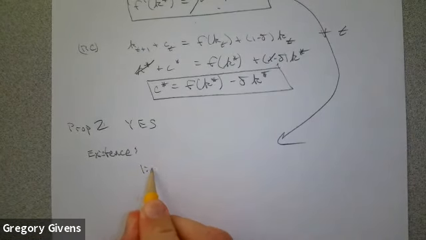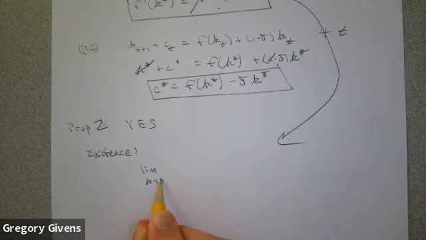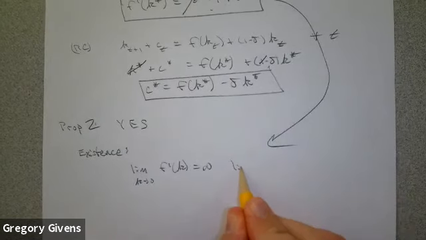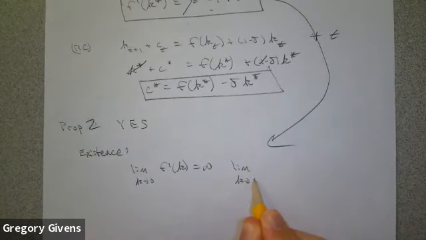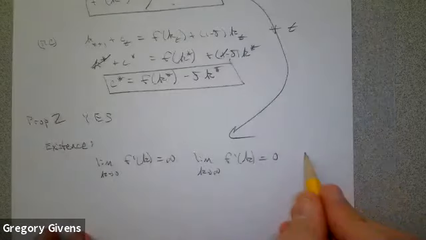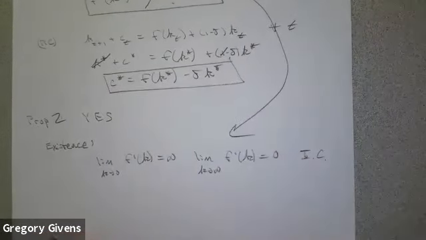The limit as k goes to 0 of f prime of k is equal to infinity. The limit as k goes to infinity of f prime of k is equal to 0. Those are the Inada conditions that we've assumed.